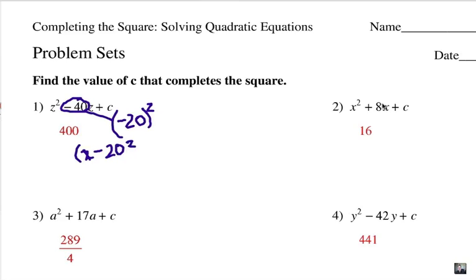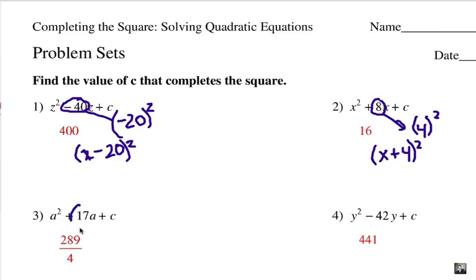All right, next, this is a positive 8. What's half of that? Yep, 4. And then we square it to get 16. If we had 16 right there, we would be able to write that trinomial as a squared binomial, and it would be x plus 4, quantity squared. See the pattern?